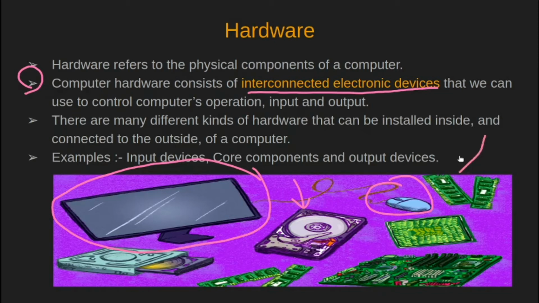This is something called a RAM, and this is the brain of a computer system, the CPU. So what the second point is trying to say is that all these hardware devices are interconnected in some way or the other, and that helps to control computer operations, input and output.